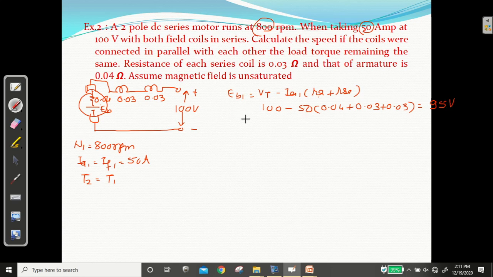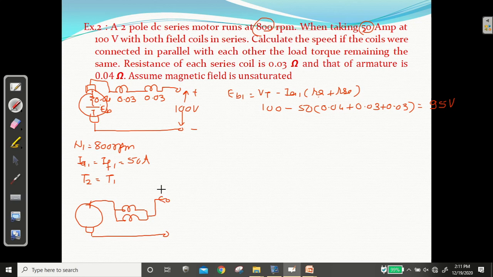Now I have to find EB2, but for finding EB2 I have to find IA2. How will you get IA2? From the torque condition. Now here, when these two coils are connected in series, this is the armature winding, and in the second case these two coils are connected in parallel.